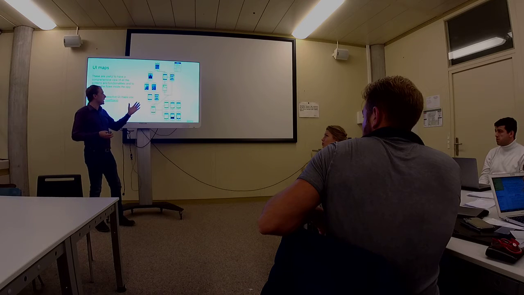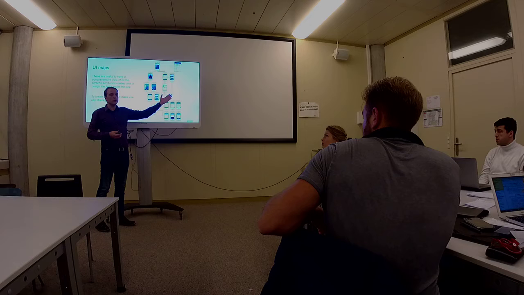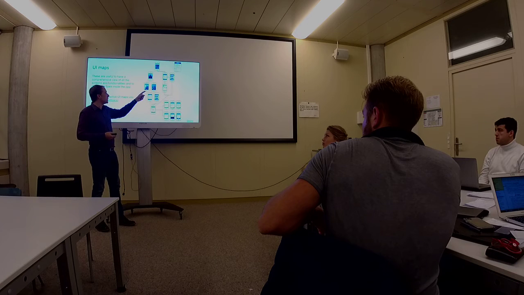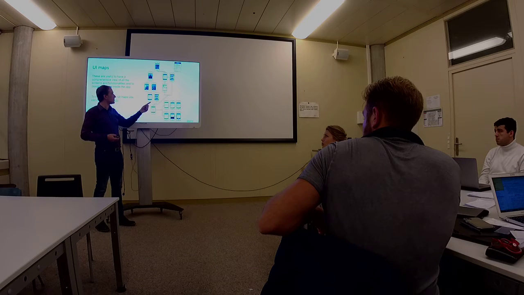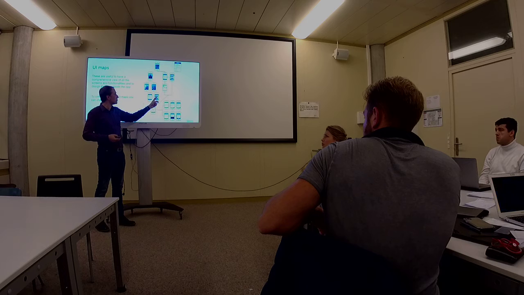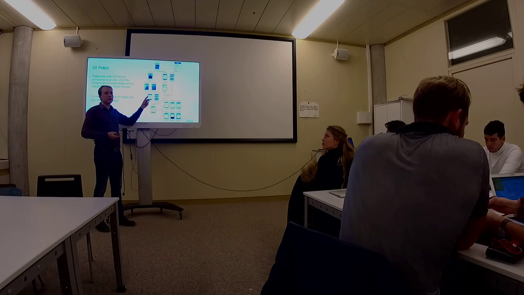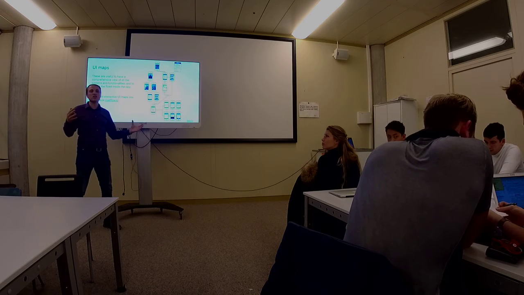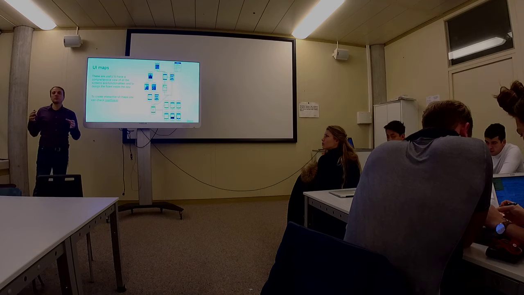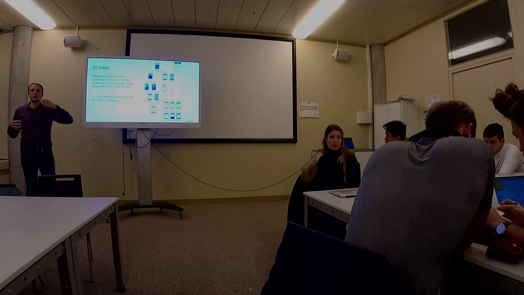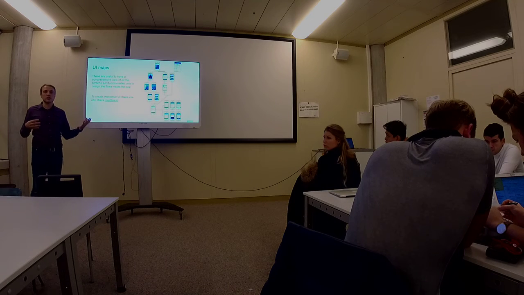You have a bunch of screens for your application, and then you have arrows that tell you, okay, from this screen I can go to this screen, and then from here I can go to this one, or I can go back to this one, right? So essentially it's a navigation map that shows you that from one screen you can go back and forth to another screen and so forth, right?